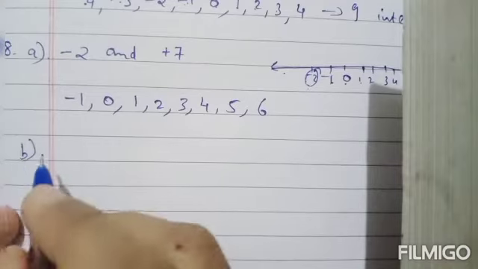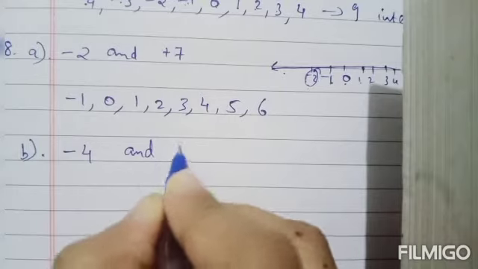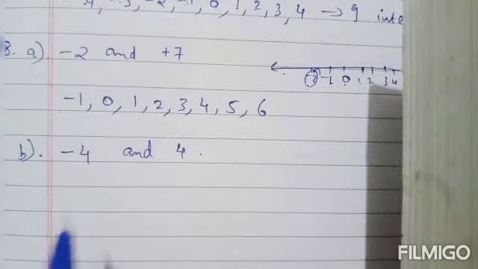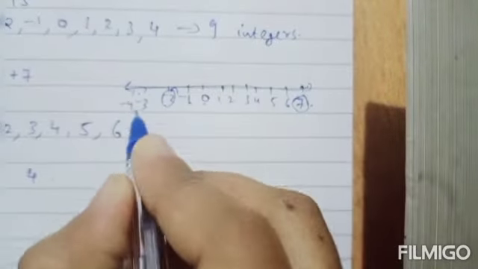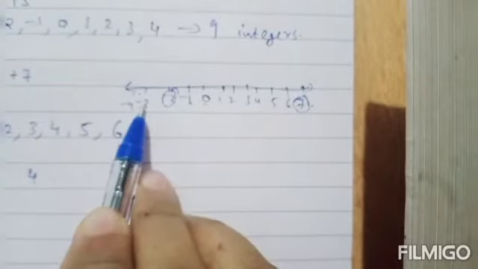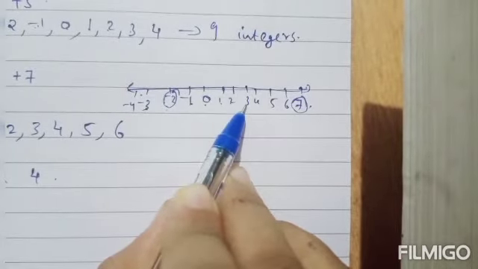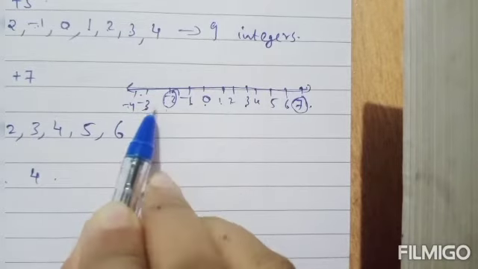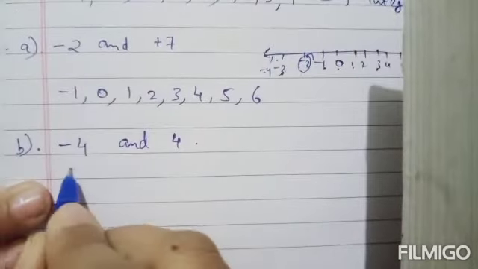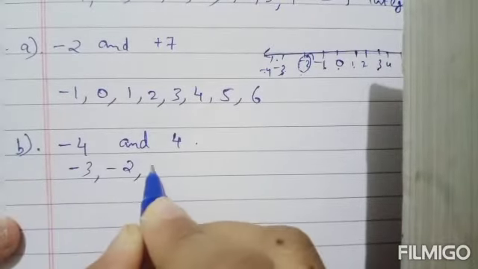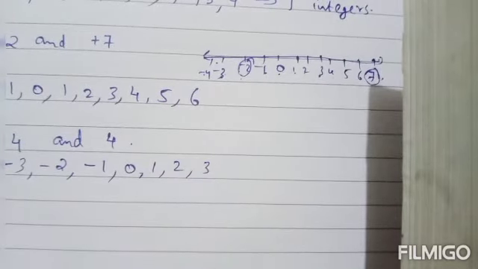Okay, next B, -4 and 4. Okay, so in between -4 and 4, here from this number line itself you can find, starting from -3, it ends with a 3. In between minus 4 and 4, minus 3, minus 2, minus 1, 0, 1, 2, 3.